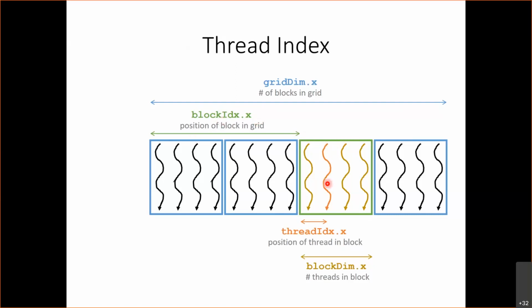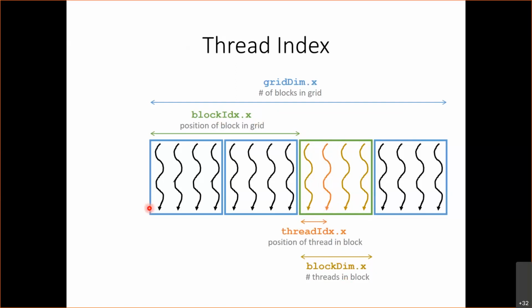If it calls blockdim.x, it will get 4 because there are 4 threads in the block. And if it calls threadindex.x, it will get 1 because its index with respect to other threads in its block is 0, 1.